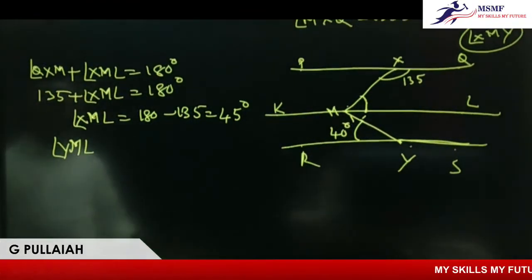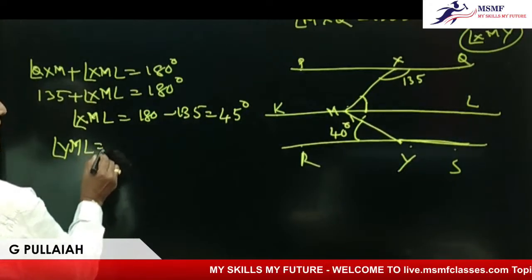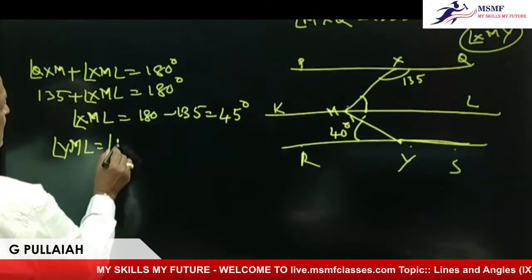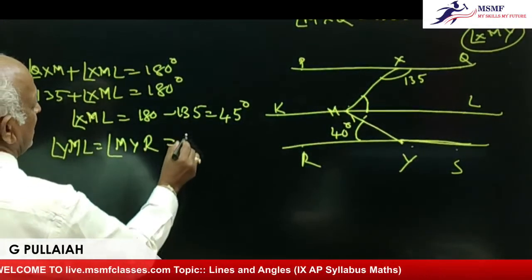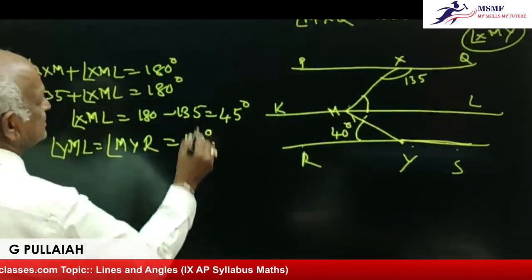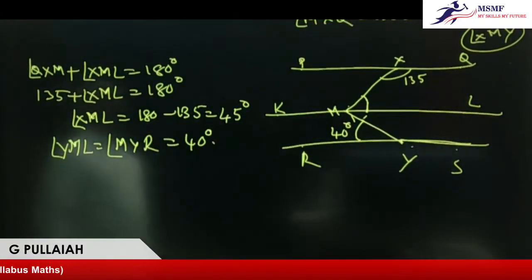Alternate angles are equal. So YML is nothing but MYR, which is 40 degrees. Clear?